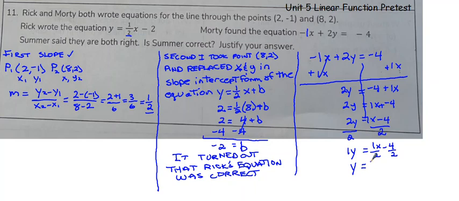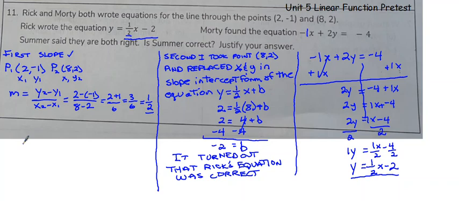And this turns into 1/2 x. And 4 divided by 2 is 2. Well, guess what? It looks like Morty's equation and Rick's equation are exactly the same. They were just written in different ways.